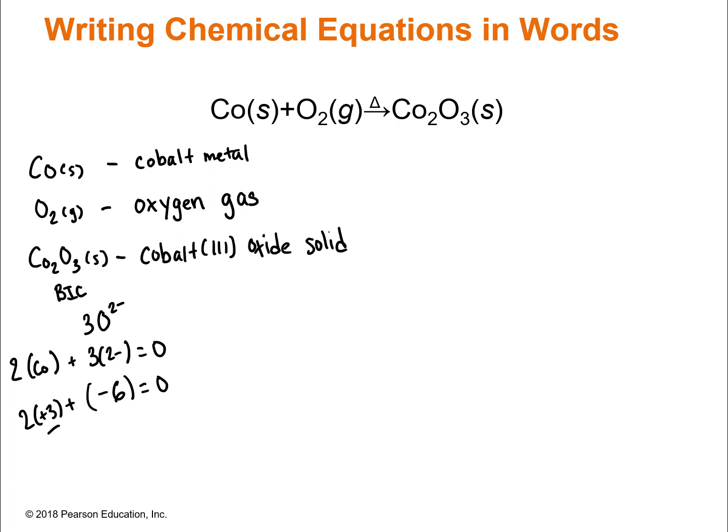Now we put together the words. You always start with your reactants, then the yield sign, then the products. My reactants, I've got cobalt metal, which when you say cobalt metal, you know that it's a solid.